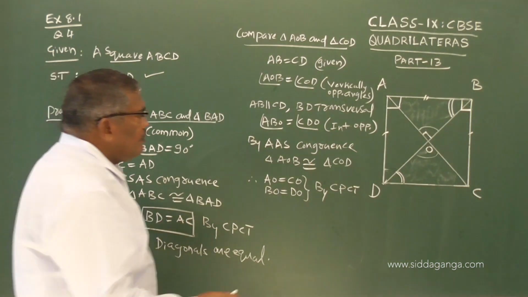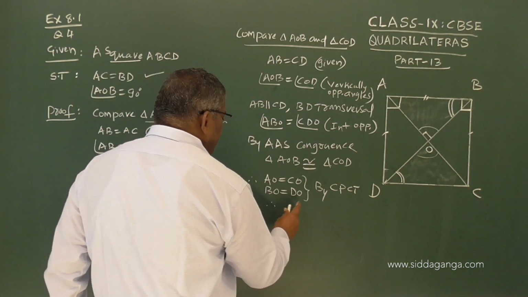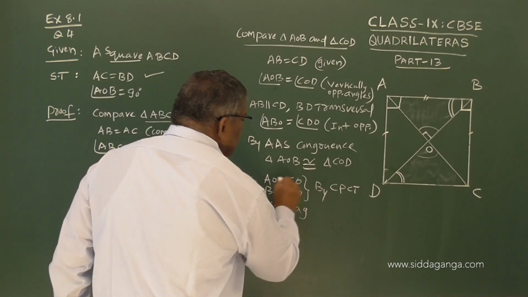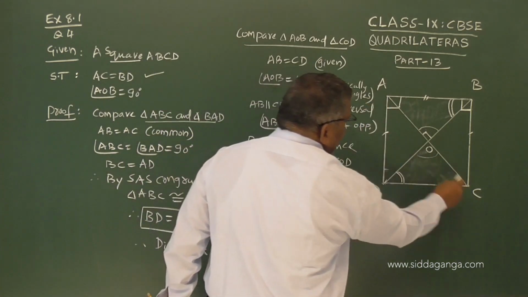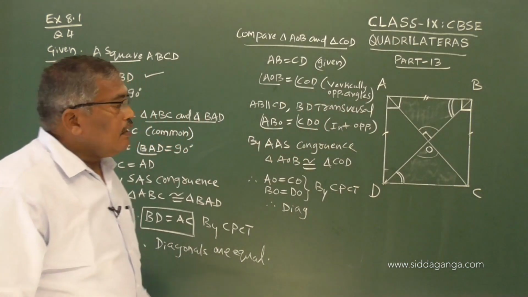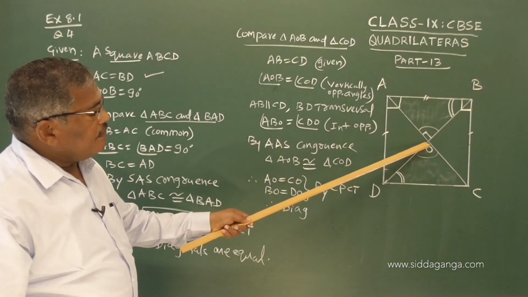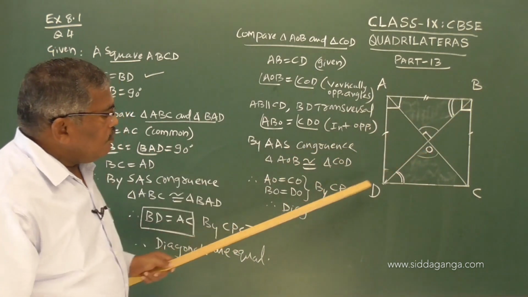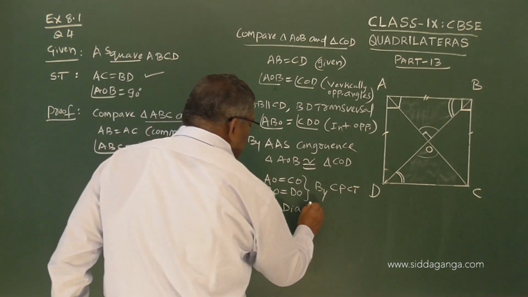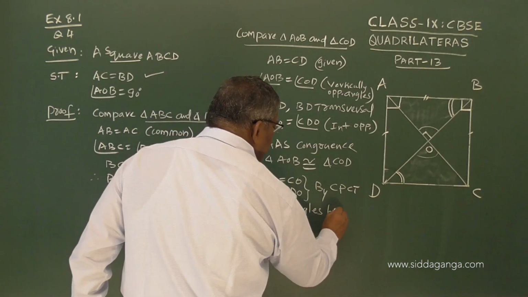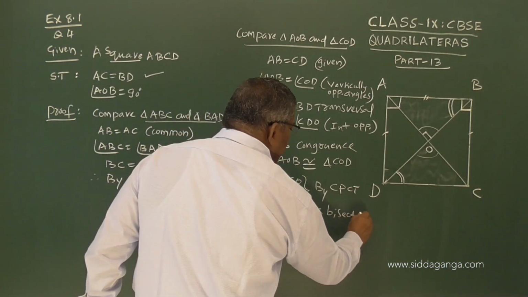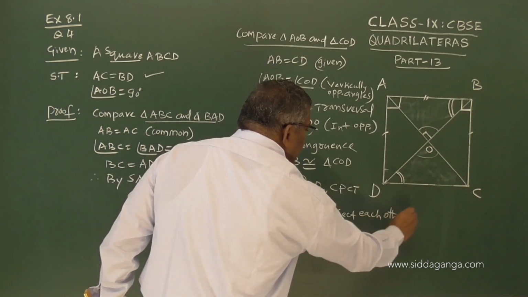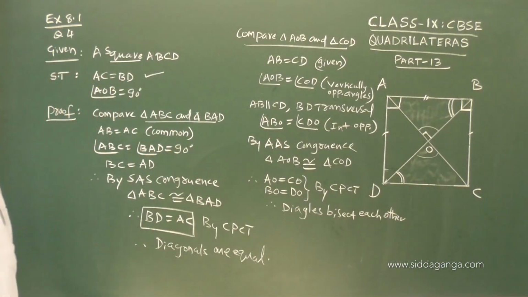So, therefore, we can say diagonals. With this, if AO equals CO, what can we say? They bisect each other. Similarly, BO equals OD. So, therefore, diagonals bisect each other.